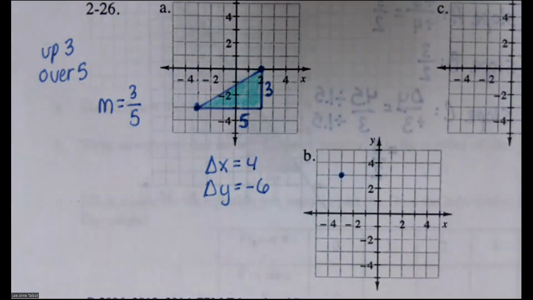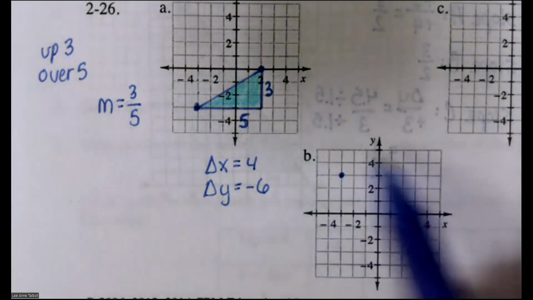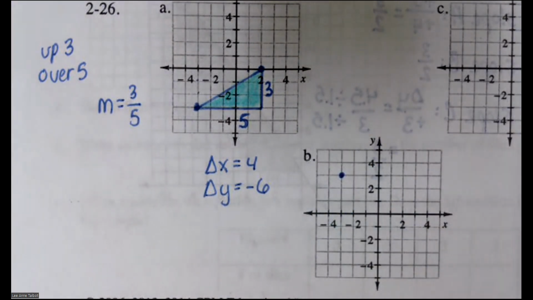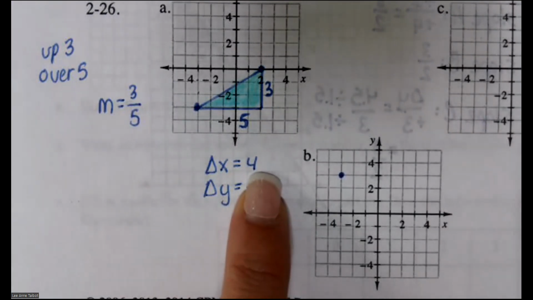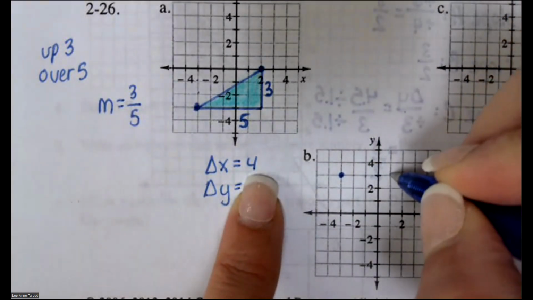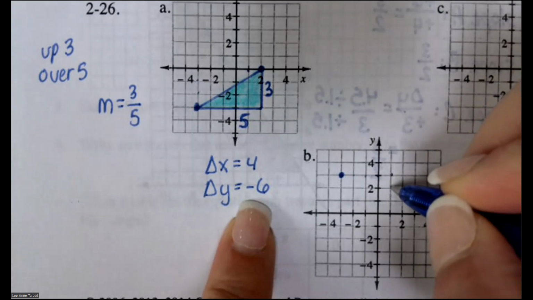I can tell because it's going to go down 6 from wherever I start. So just start anywhere. Try to start up here-ish. Change in x is 4, so you're going to go over 4. And change in y is -6.